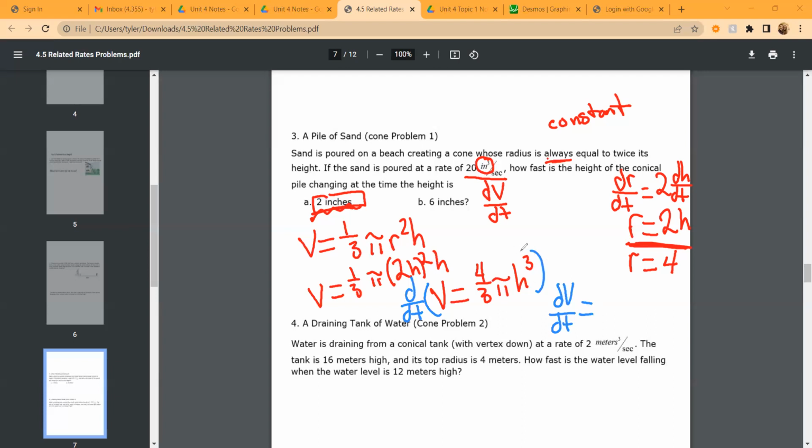equals, we can just use the power rule here because we only have one variable, which is why we wanted to sub this out in the beginning. 4 pi h squared dh dt. And again, I don't think this one's too bad because, hey, this is 20. So we'll just sub this in for 20. And then 4 pi, what's our height? Well, hey, our height is 2.